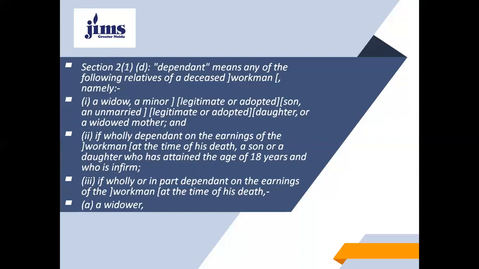And if wholly dependent on the earnings of the employee at the time of death, a daughter or a son who has attained the age of 18 years and who is infirm will also be treated as a dependent person.